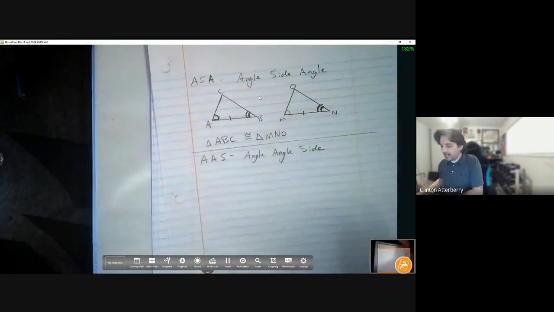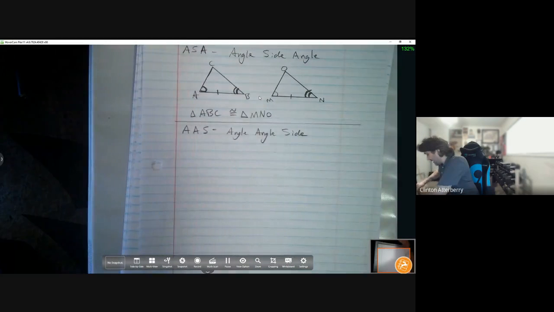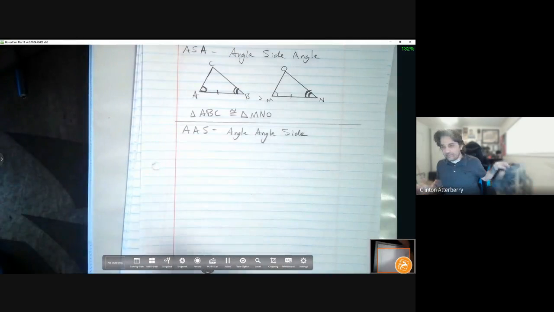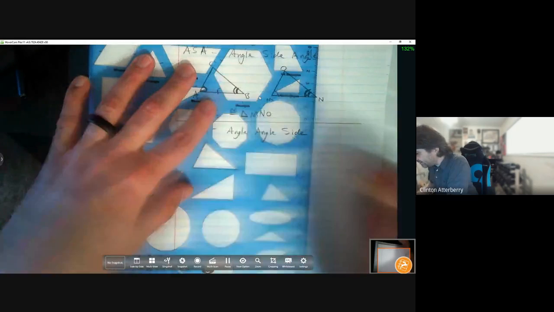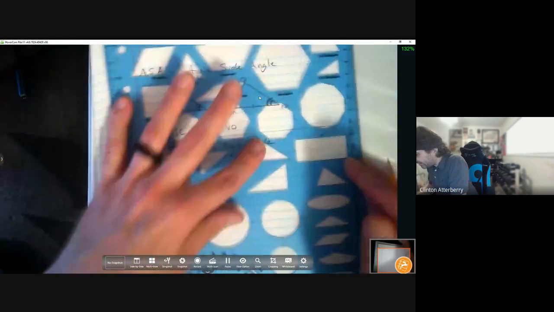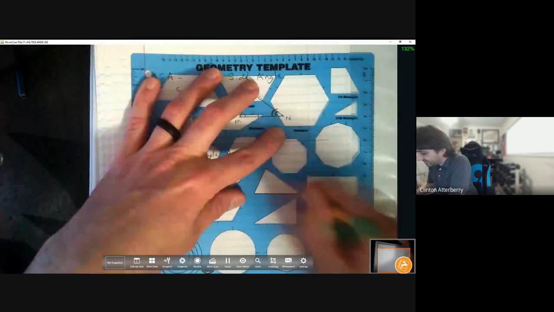So angle, angle, side. You can hopefully imagine at this point, you've got two triangles. You've got two angles that are the same, and then something about a side piece is the same. So let's do this triangle and this triangle.